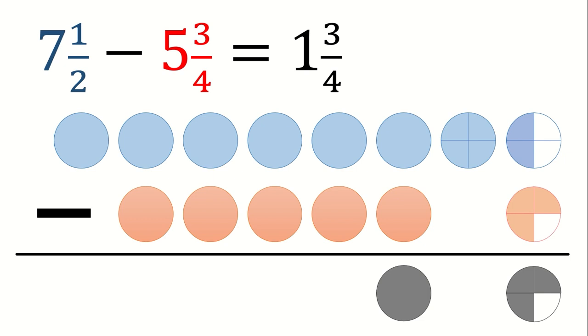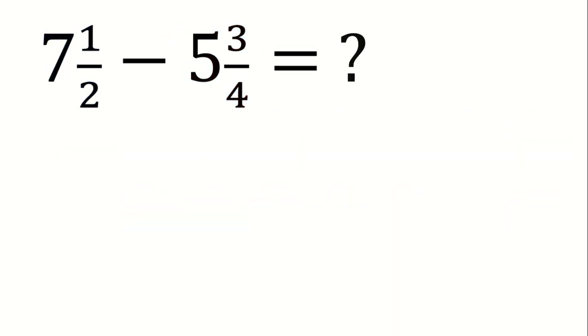As I said before, we can do it by another method. Without drawing any shape, we can find the common denominator of the two fractional parts. 1/2 and 3/4 have 4 as a common denominator.